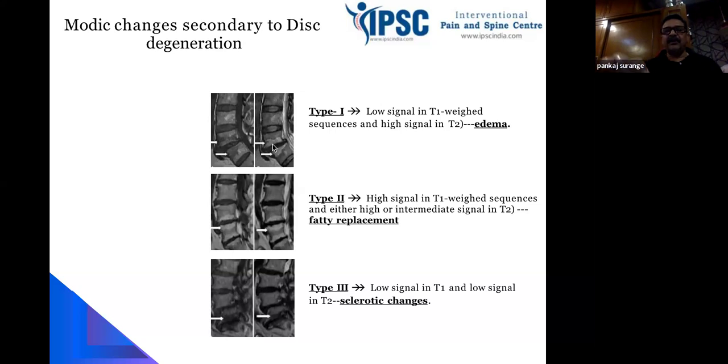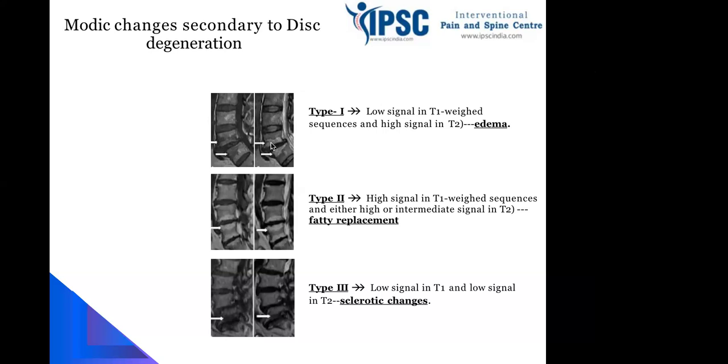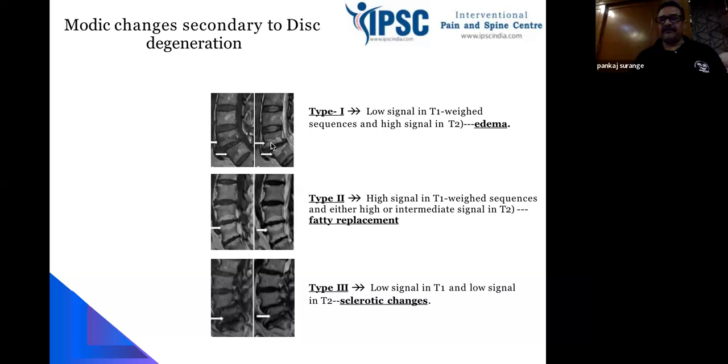So what we'll do in these cases, our target is the inflammation. In this case, we have to go for the anti-inflammatory components. Maybe intradiscal steroids, or ozone, or methylene blue. What all those options are there? Maybe systemic steroids, whatever. Because we have to target the inflammation.